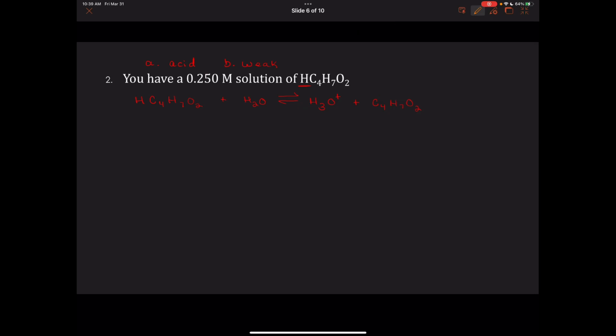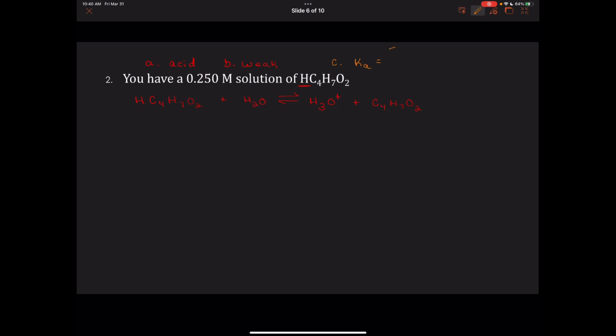Now, it's an equilibrium, and we talked earlier with our weak acids that their equilibrium is represented by an equilibrium constant, just like any other equilibrium reaction. And for the case of an acid, that K is going to be referred to as a Ka. So we can set up our expression.